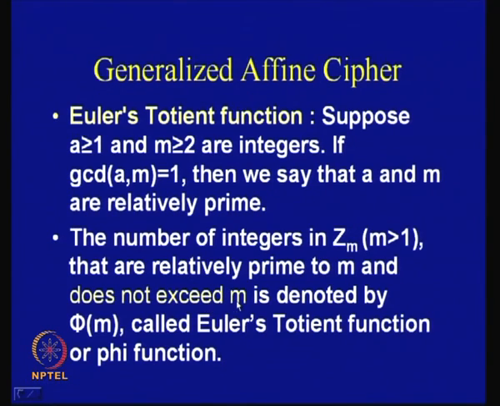So these numbers are lesser than m, that is from 0 to m minus 1, because they belong in Zm, and Zm actually has 0 also. We need to find the number of values which are co-prime to m. This is denoted by phi m, the symbol of the Euler-Totient function, also sometimes referred to as the phi function.